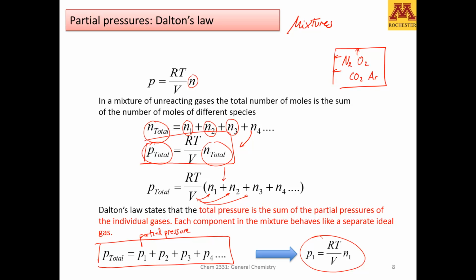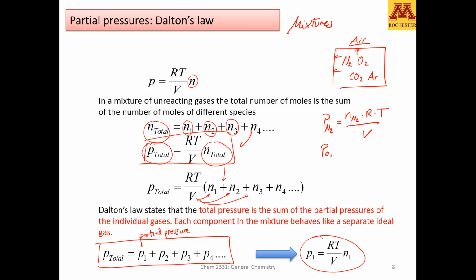So in our example of a container with air, you would have a partial pressure of nitrogen, which would be equal to the number of moles of only nitrogen, R, temperature, and volume. Of course, temperature and volume are common to the whole container, so they don't have to have the subscript of nitrogen here.